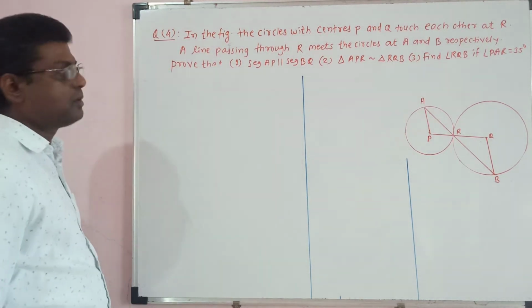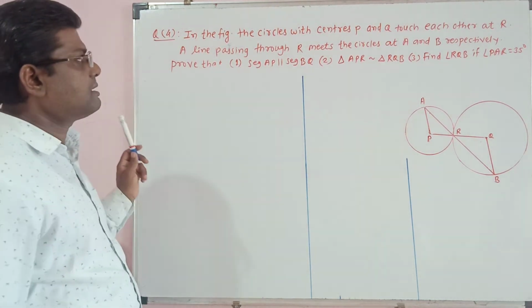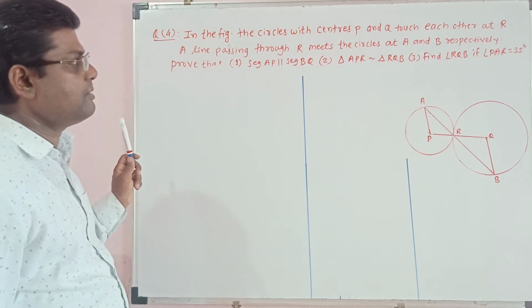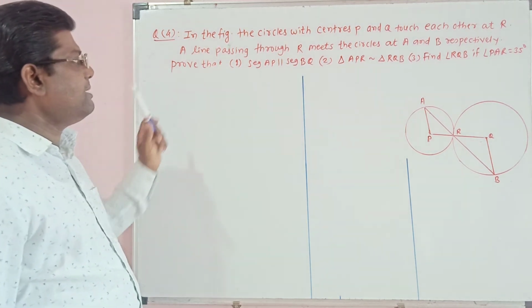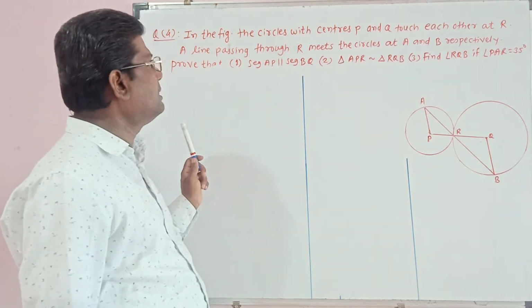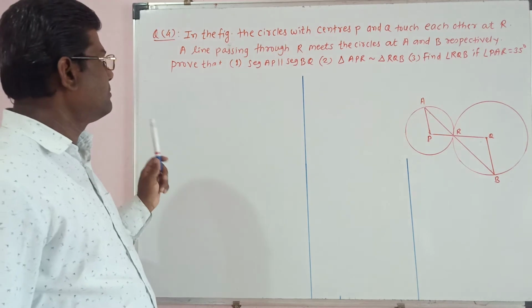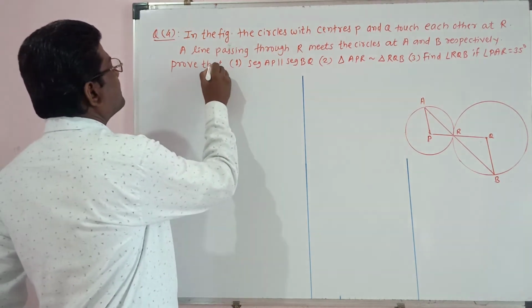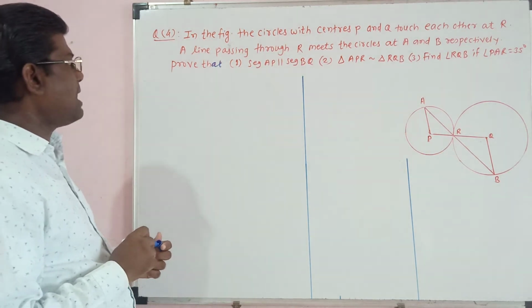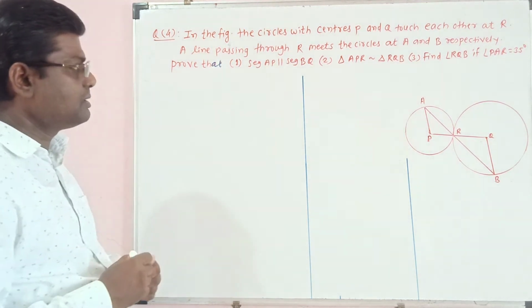Question number 4. In the figure, circles with centers P and Q touch each other at point R. A line passing through R meets the circles at A and B respectively. Then prove that number 1, segment AP is parallel to segment BQ.